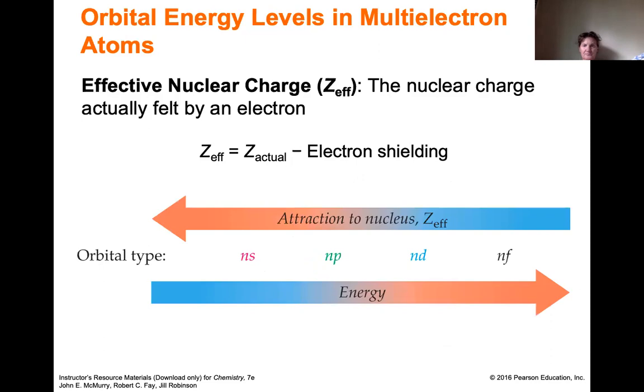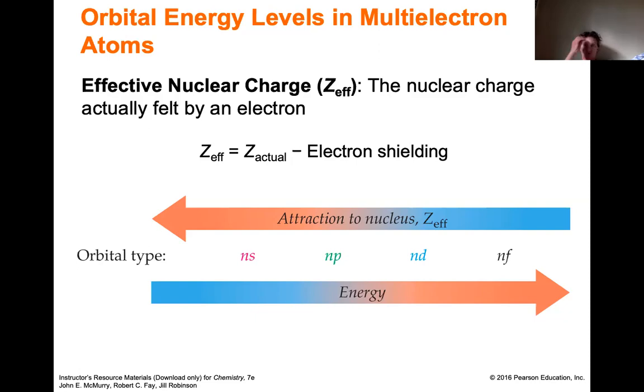And so the orbital type will help determine how much electron shielding there is. So the Z effective is the nuclear charge that's actually felt by an electron. So Z effective, as the last slide says, is the actual charge minus the shielding.